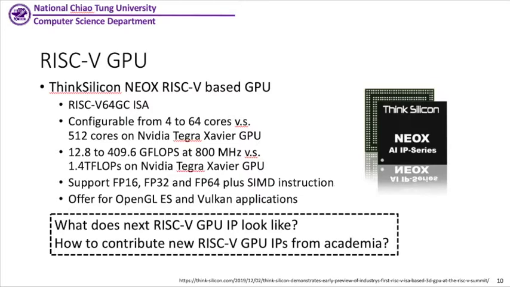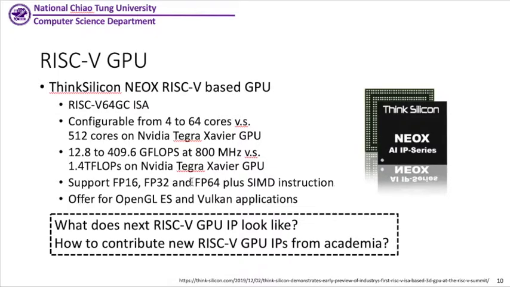A RISC-V GPU was released recently by ThinkSilicon, the NEOS-V. The NEOS-V is a small GPU with a small number of cores compared to NVIDIA Tegra GPUs. The throughput and the clock rate of the NEOS-V GPU cores are also lower than existing GPUs.